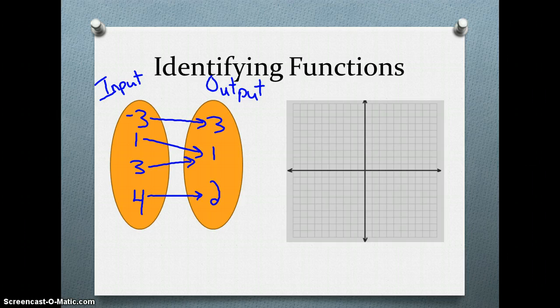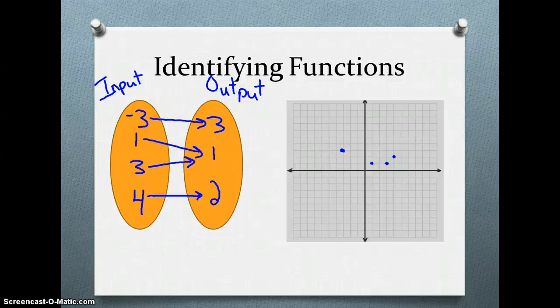We'll come over and plot these. 1, 2, 3, 1, 2, 3 for my -3, 3, 1, 1, and then I have 1, 2, 3, 1, and then I have 1, 2, 3, 4, and 1, 2. So there's the mapping on our left and the graph of the ordered pairs on the right.